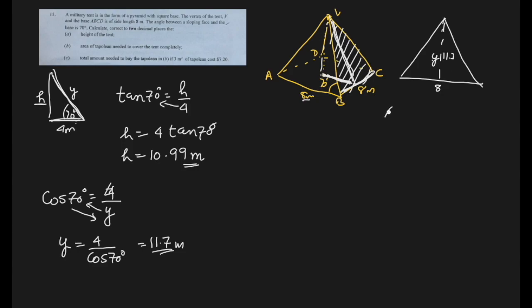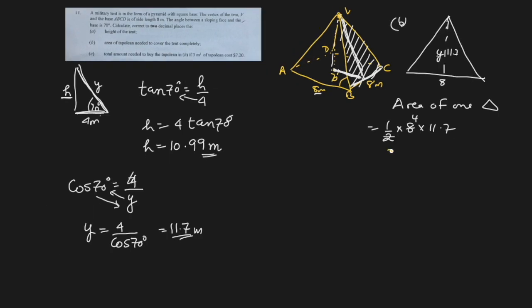We can find the area of one triangle. Area of one triangle is half base times height. This cancels here, which is 46.8 meters square, and that is the area of one triangle.